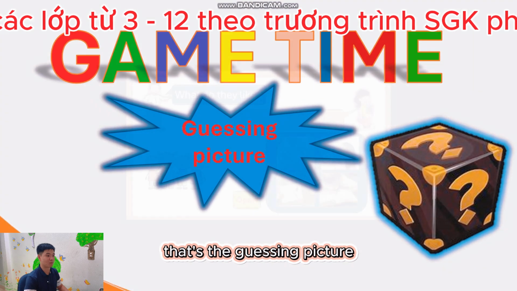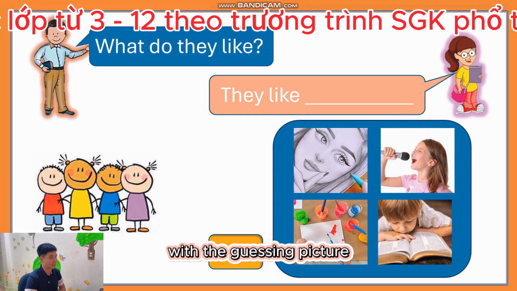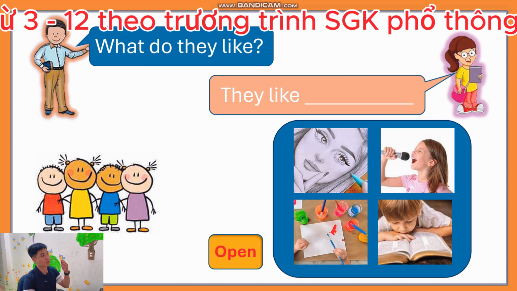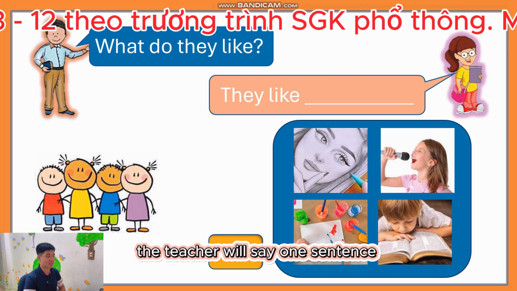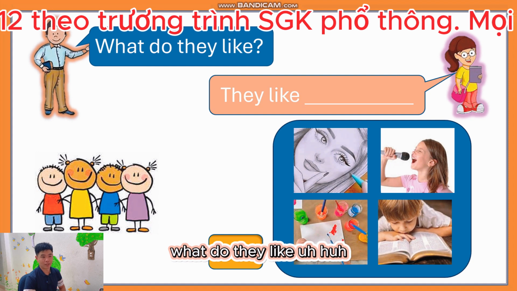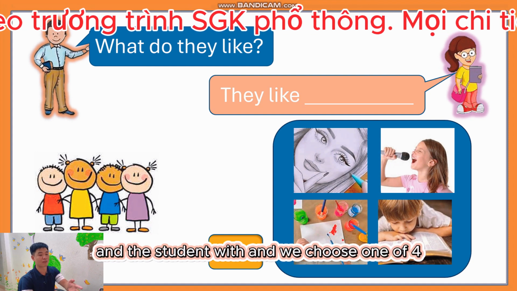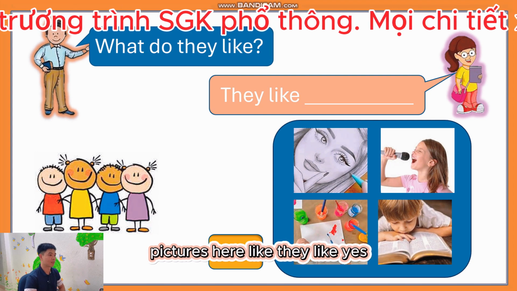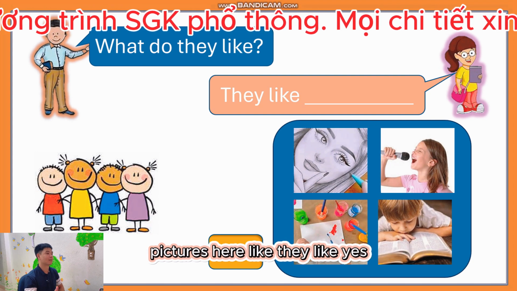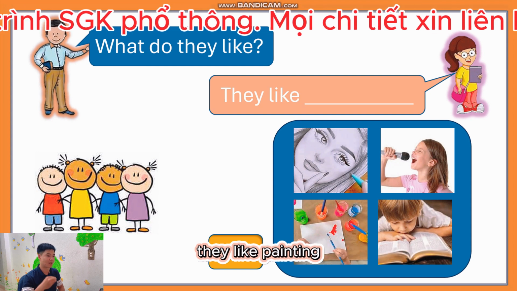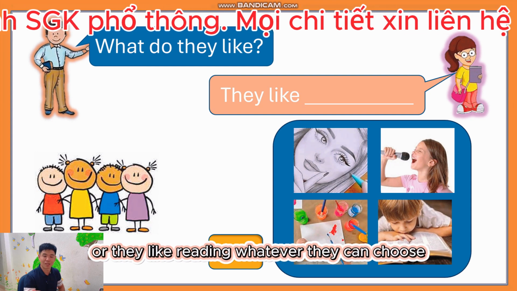Let's see the guessing picture game. With this game, the teacher will say one sentence. Yes. What do they like? And the student will choose one of 4 pictures here, like they like drawing, they like singing, they like painting, or they like reading.